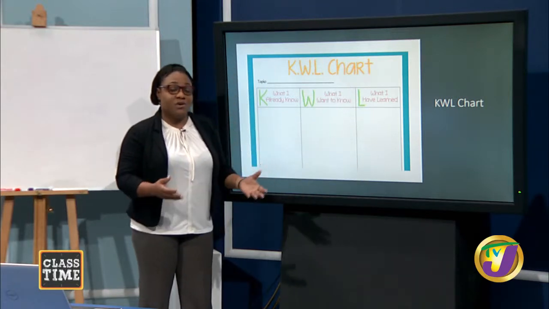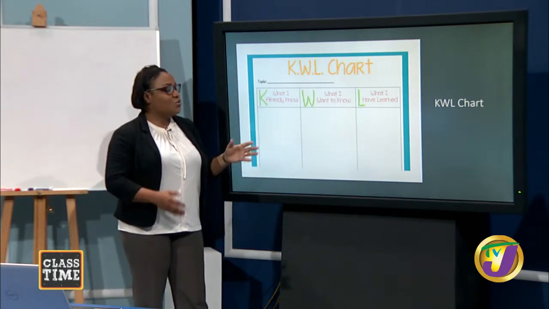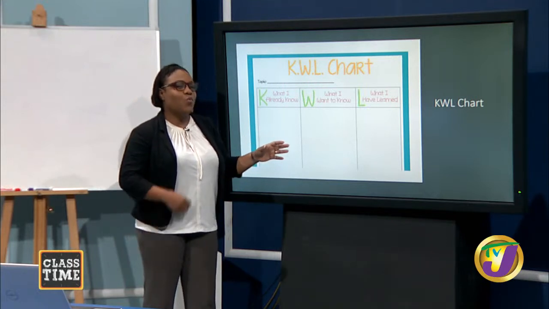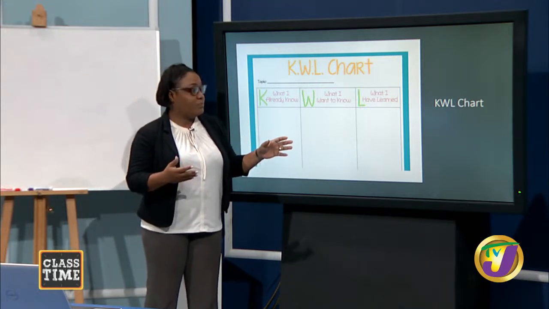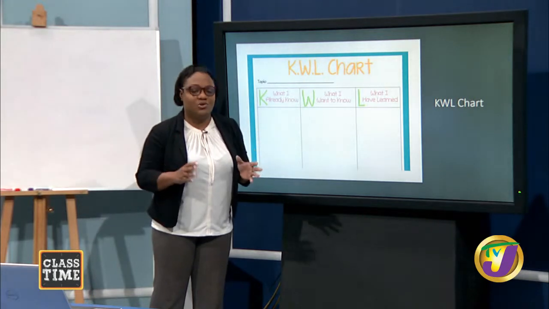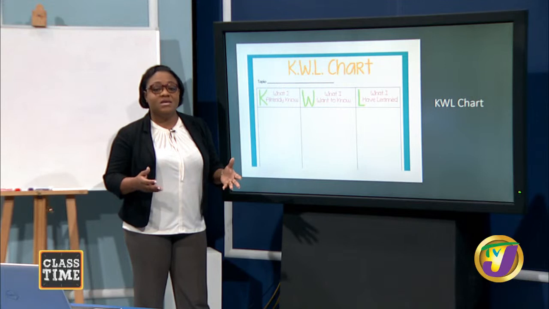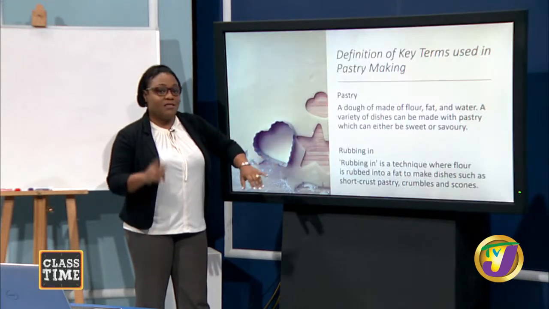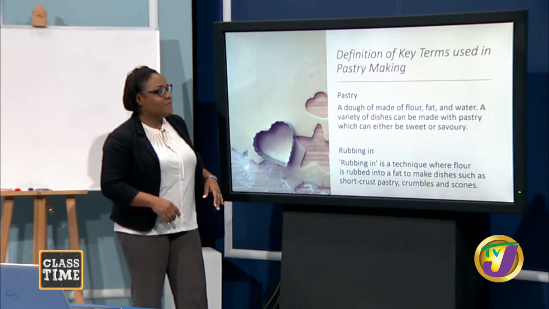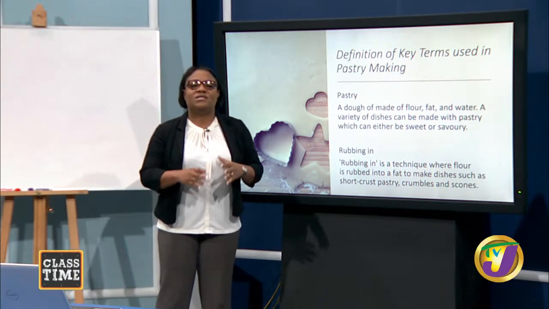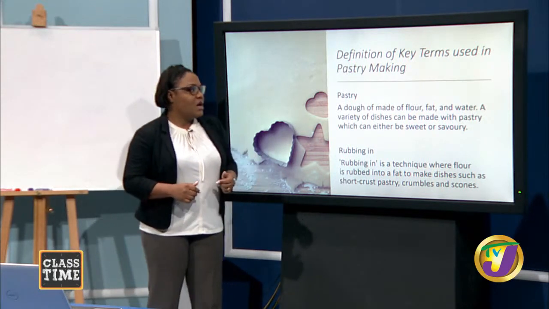And if for whatever reason in today's lesson, I didn't cover what you wanted to learn, I'm encouraging you, speak with your teachers, go back to school or even read, and then you'll answer your own questions. All right, so we're going to be starting with definition of some key terms.